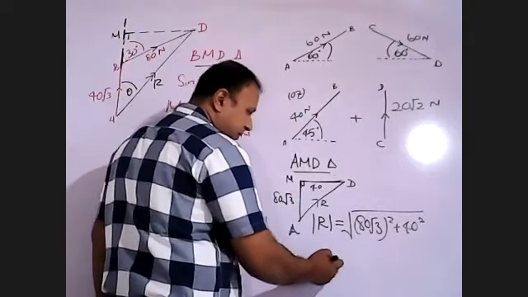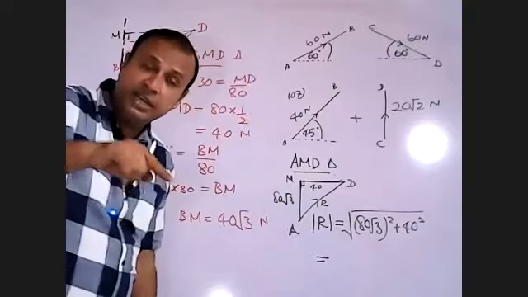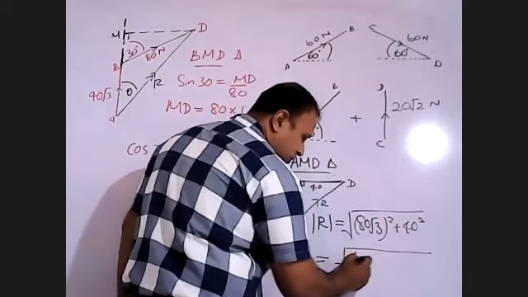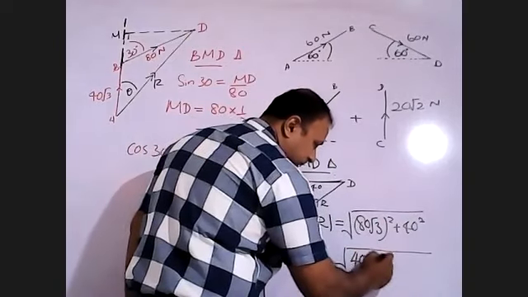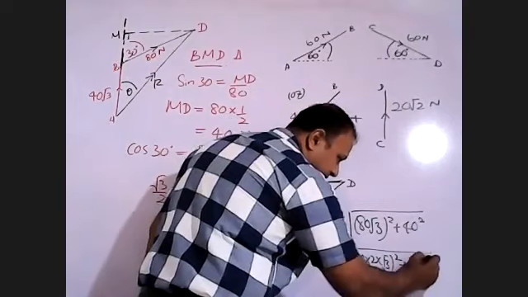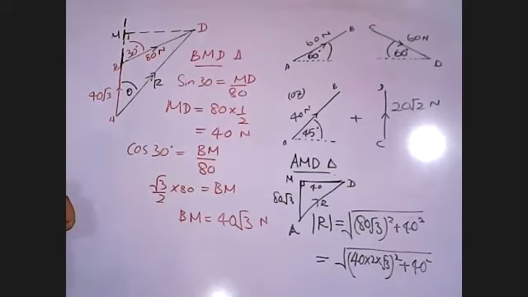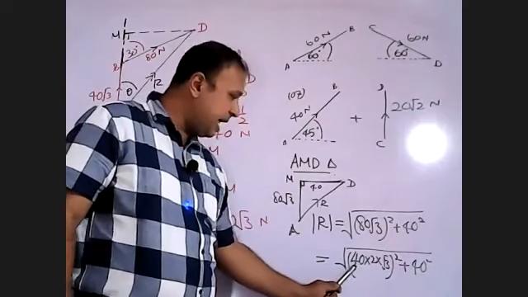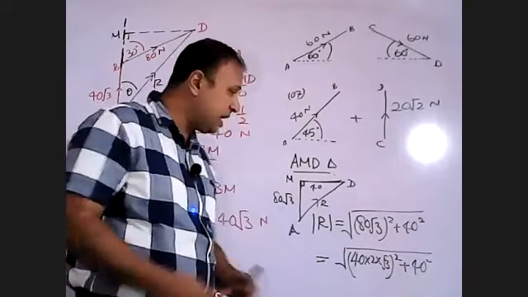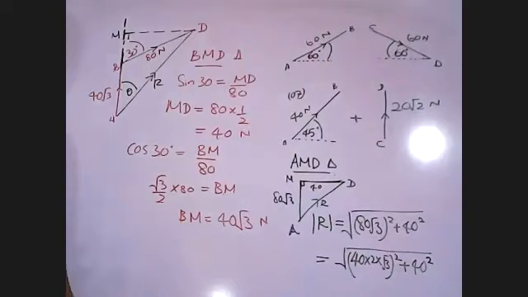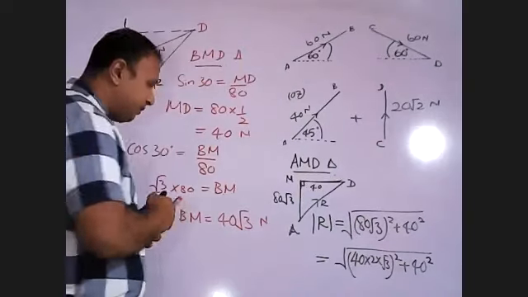Look at this calculation. 80 means 40 into 2, so I can write it as 40 into 2 times root 3, entire square, plus 40 squared. Here 40 squared is a common factor.